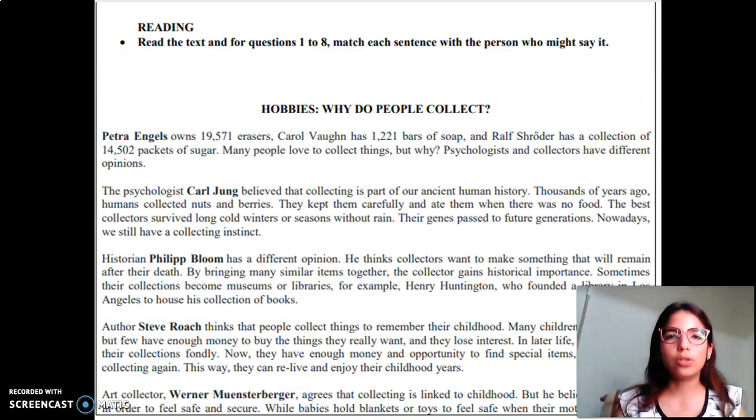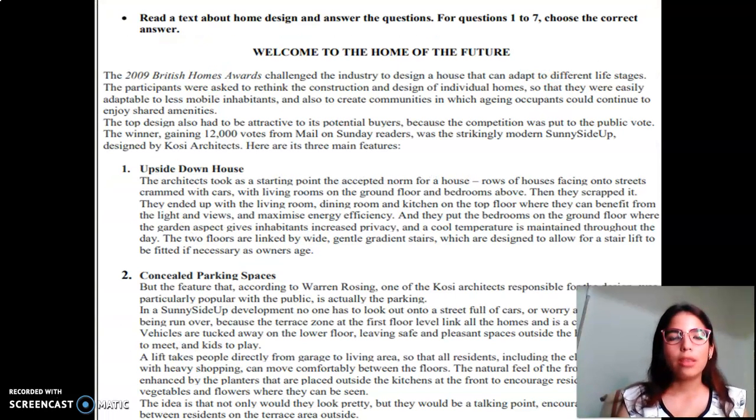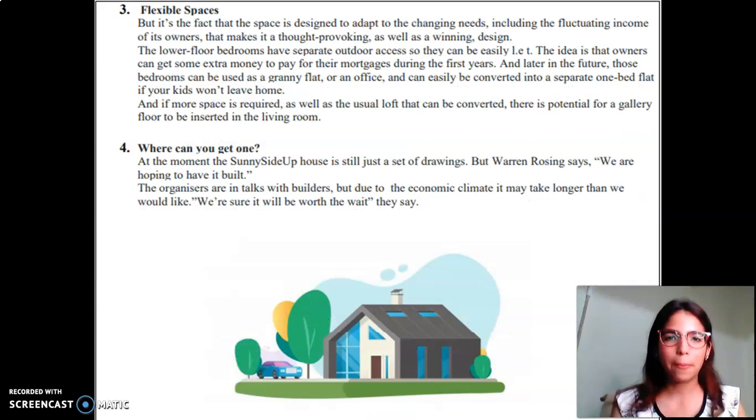We also have the reading. One is a little bit easier, and the student has to complete and choose the correct answer taking into account their reading. Then the student has another reading, which is a little bit complicated, but it will help us to know the student's level. If they are capable of understanding this kind of text or they need improvement.